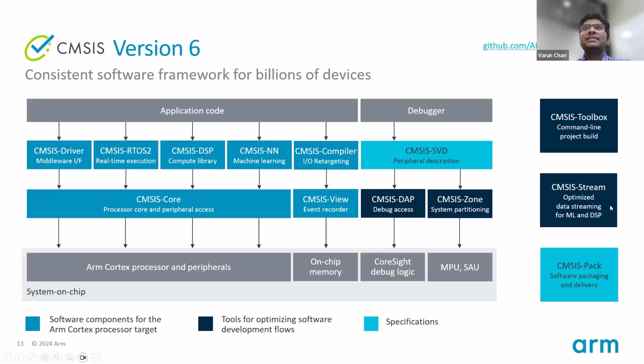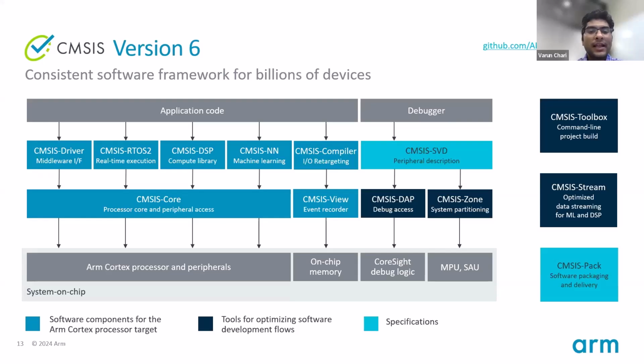Then there is something called CMSIS Stream, which is used for data streaming for ML and signal processing, which I will also go into in detail later during my talk. And there are CMSIS packs, which you can think of like a Python pip repository or artifact store, which you can just get into your project and start building.